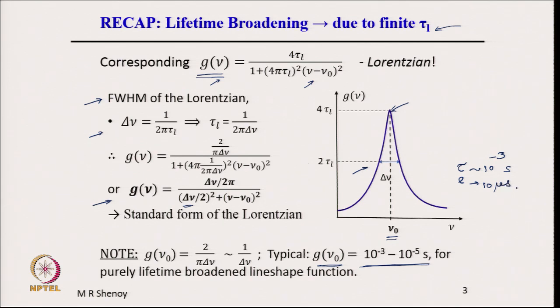Typical lasers have the tau L in this range, and therefore, the g of nu 0 has the same range, because that is equal to 2 pi times tau L. Just to have an idea about what kind of numbers we are talking of, and note that the unit is second.